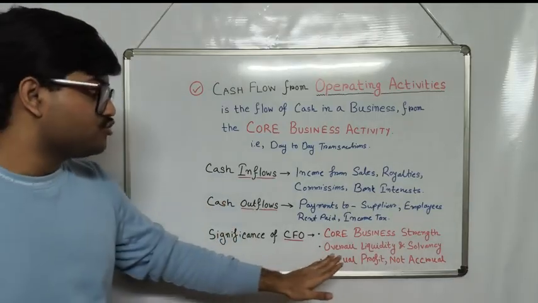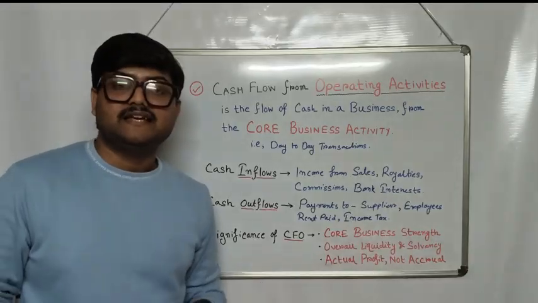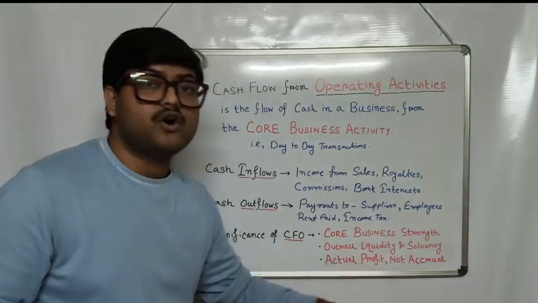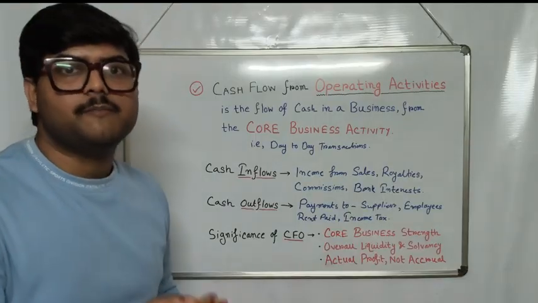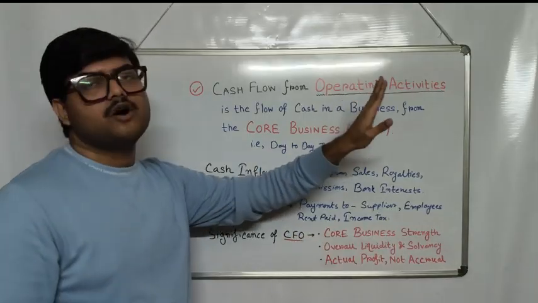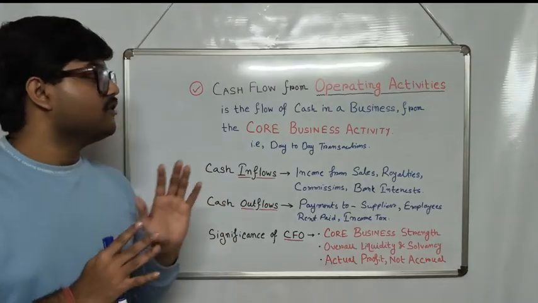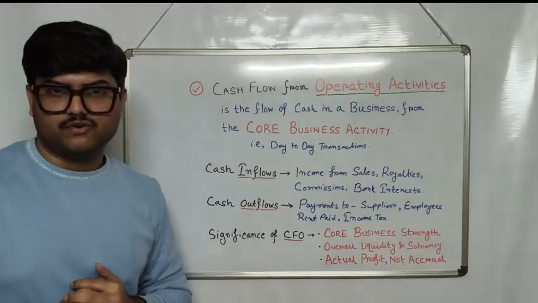And the actual profit, not accrual, is very important. Actual profit means profit that has been earned in cash, not on accrual or accounting basis, within a specific period of time. So this is the whole idea of cash flow from operating activities, or CFO.